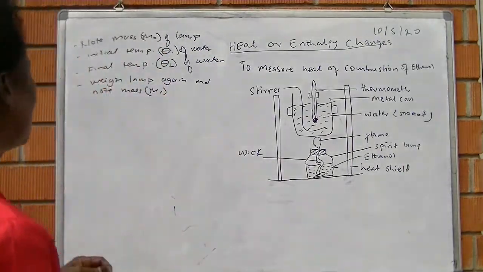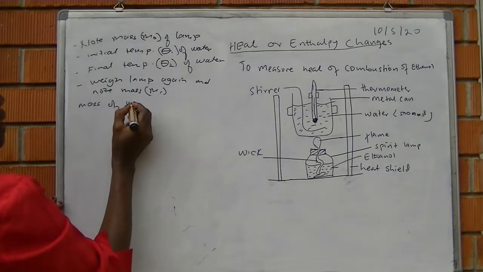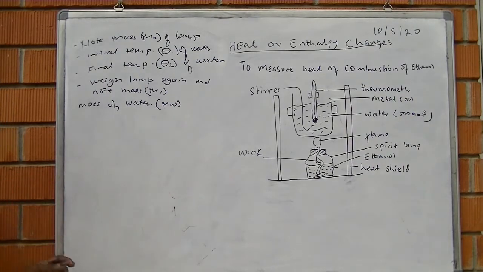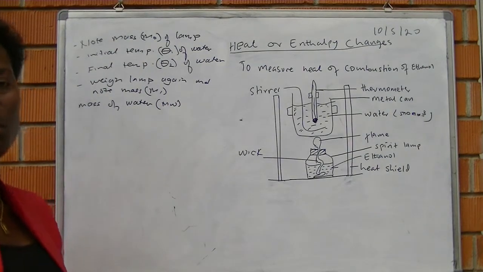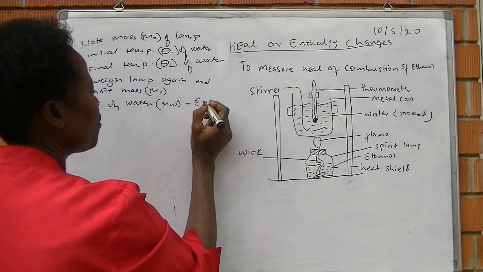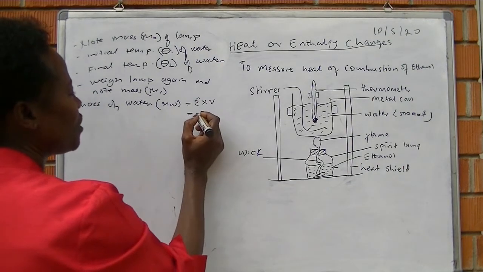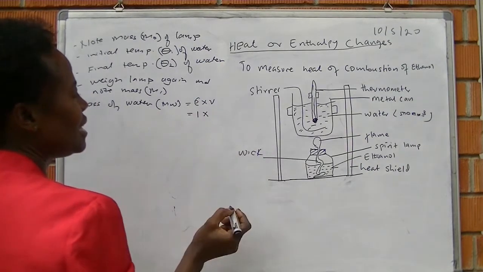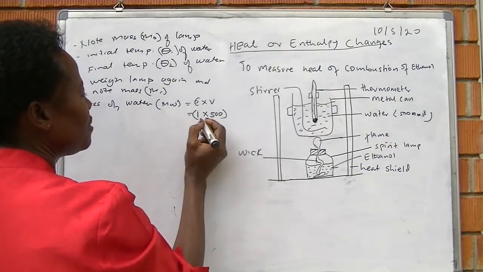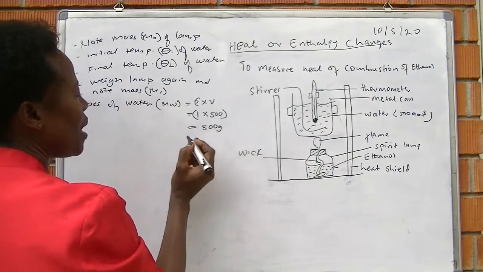The mass of water, which is MW, can be obtained from density is equal to mass over volume. So mass of water is the same as density of water times the volume. The density of water is always 1 gram per cc, and the volume of water used is 500 cubic centimeter. So the mass of water used will be 500 grams.